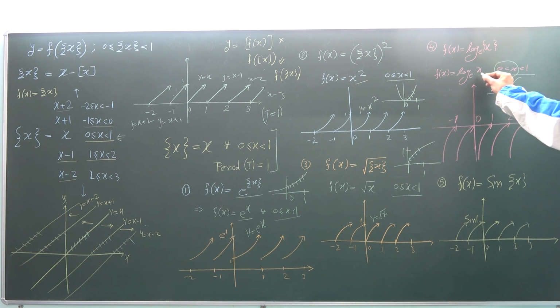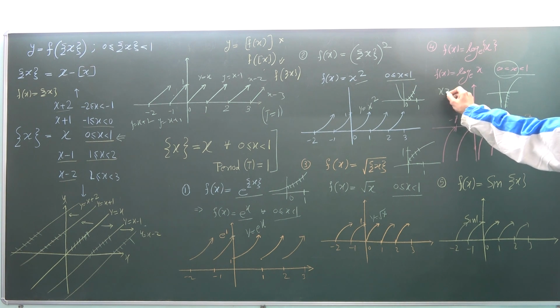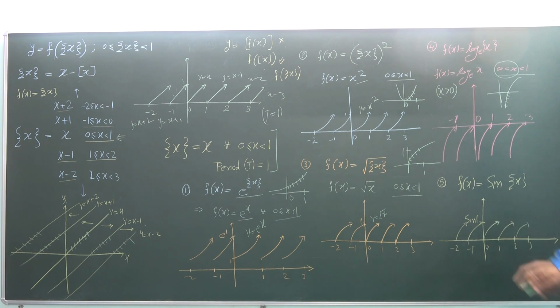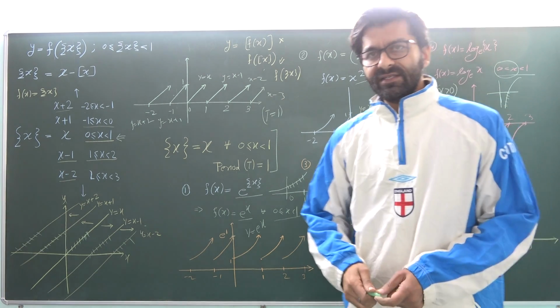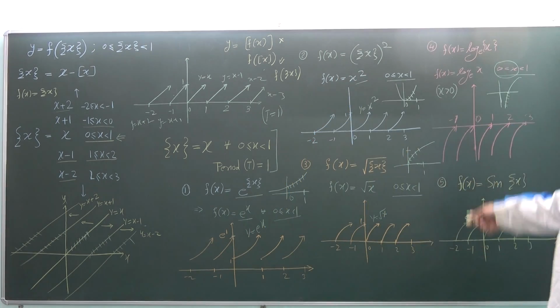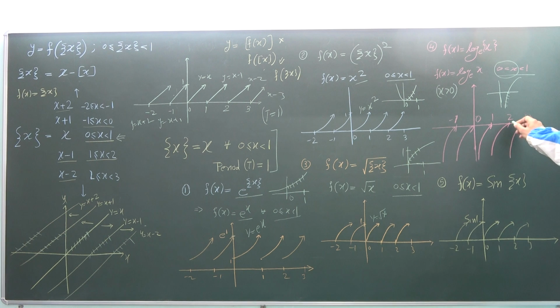The domain of log x is positive, but consider the domain of log of the fractional part of x. This implies that x can be negative, but the integers must be excluded. These are arrows; arrows mean discontinuity. So the domain of this is: x cannot be an integer, however x can be negative.